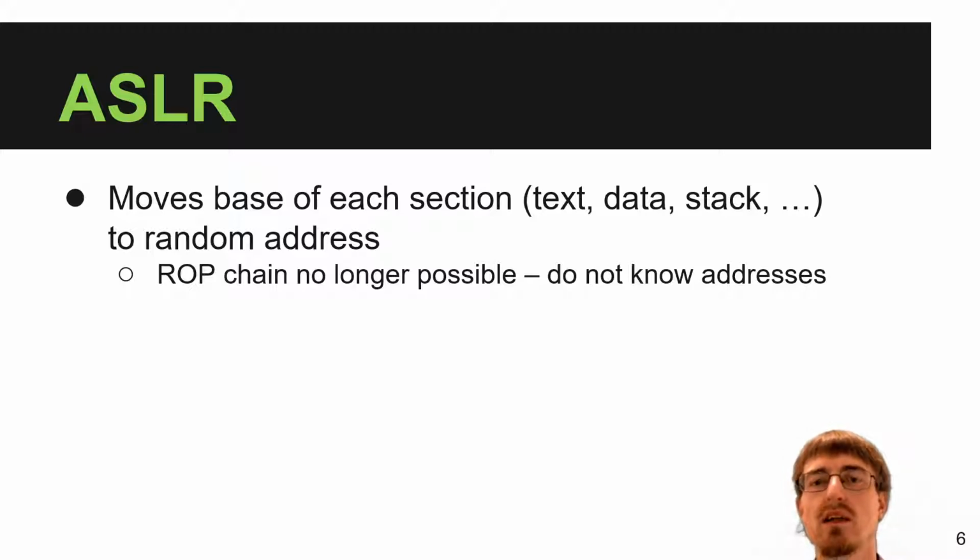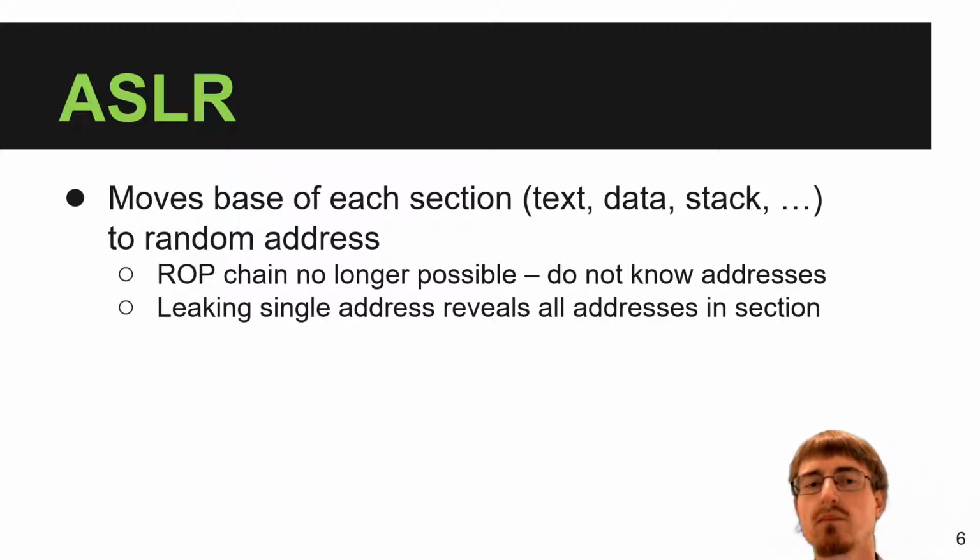Now this means that a ROP chain is no longer possible because we don't know the addresses of the gadgets that we're supposed to point to. So this, in principle, would then prevent an attack because we can no longer threaten security by executing arbitrary payload.